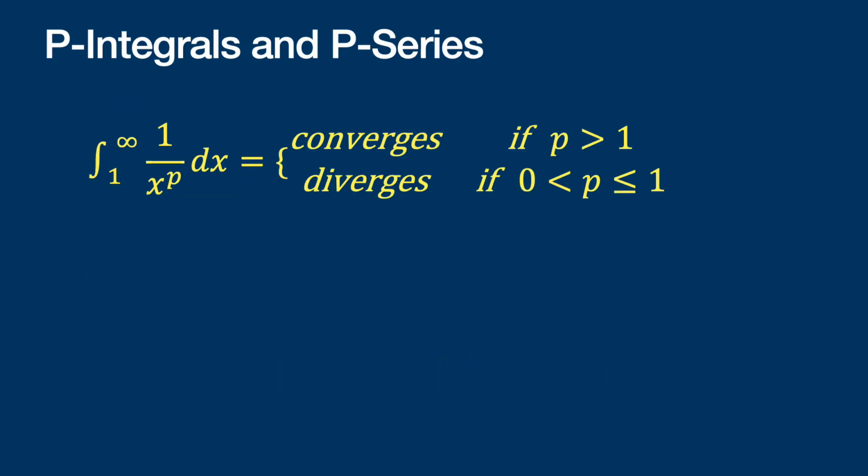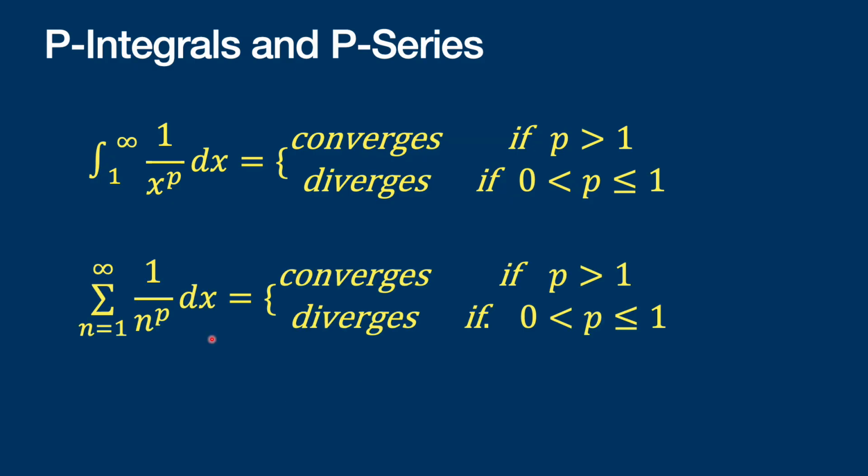Do you remember the P integral? We did improper integrals, guys. This is a P integral. It depends on the P value whether this improper integral converges or diverges. P greater than 1, that converges. P between 0 and 1, or P equal 1, diverges. So this is related to the P series right there, guys.